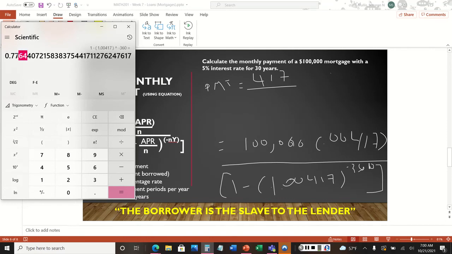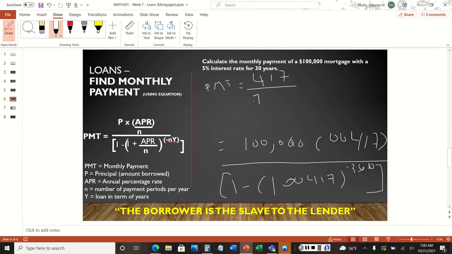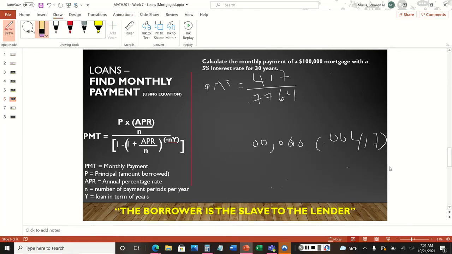So we're just going to use 0.7764 as our denominator. And let's erase all this because we already calculated that.